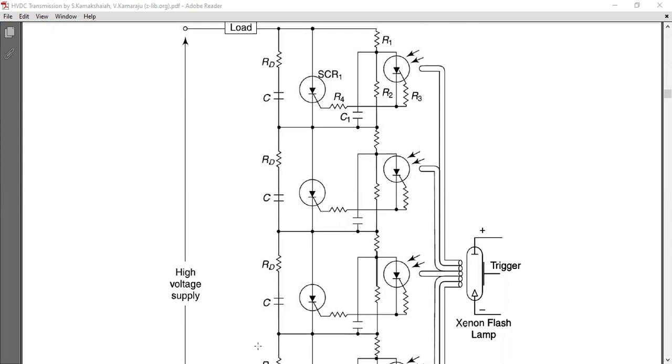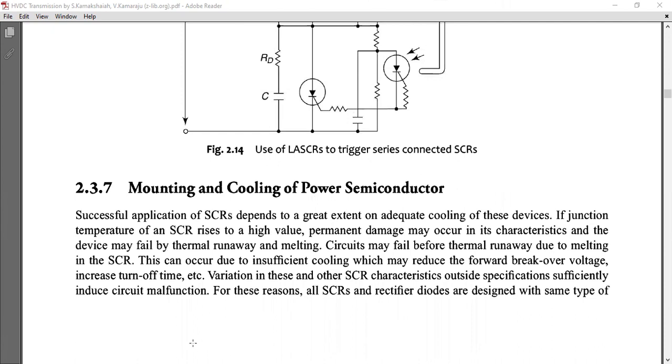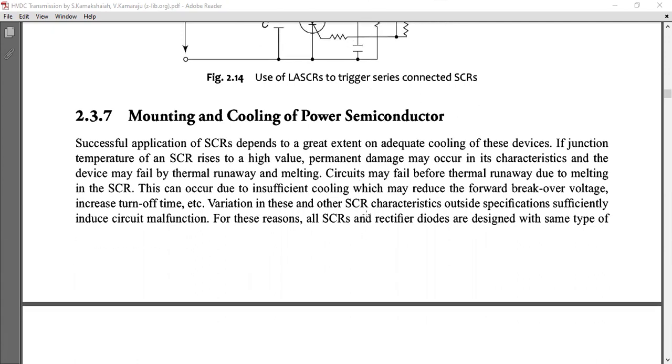And the third one is mounting and cooling of power semiconductors. Actually heat will be evolved from the SCR. So we have to keep the junction temperature cool in order to avoid damage to the SCR.